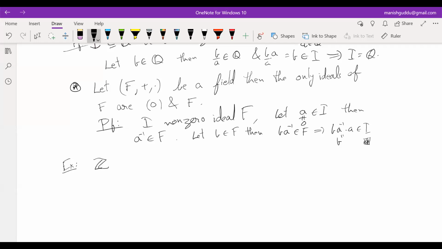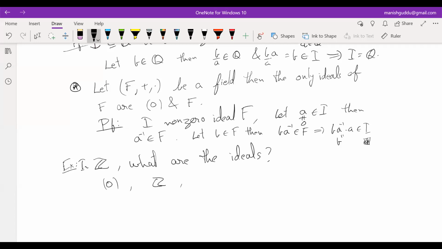But in Z, what are the ideals? Of course, 0 is there, and Z is there. What else?